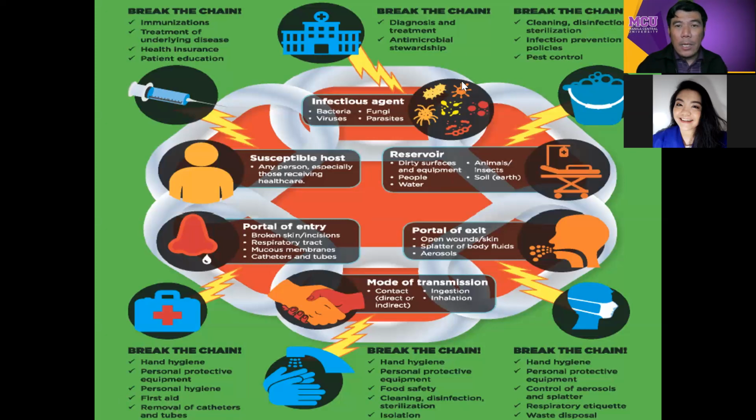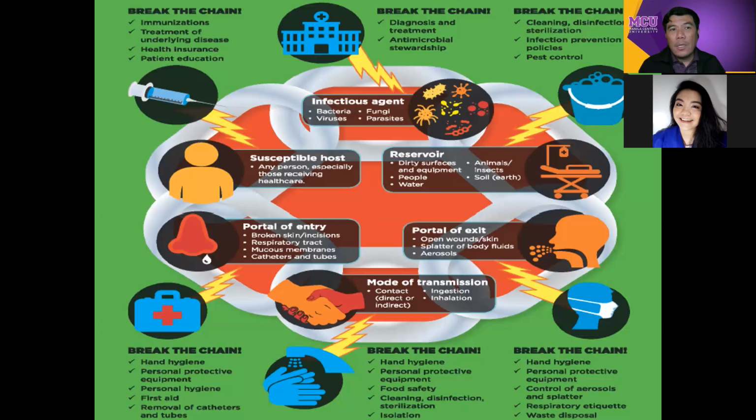Another concern is how about if you are already the susceptible host. Okay, if you're already the susceptible host, then after your quarantine, you need to be vaccinated na. You may receive immunization.